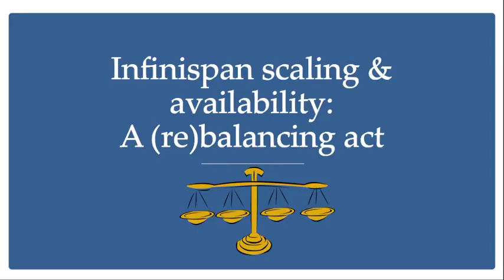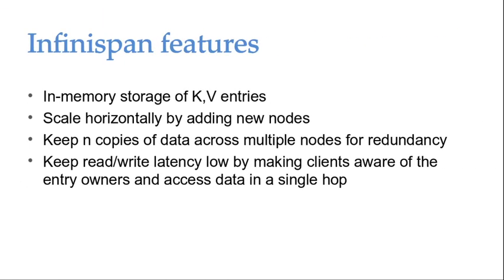The first aspect we'll look at is how Infinispan balances scaling and availability, as these two things go hand in hand. Infinispan is an in-memory key value store. It has other characteristics, but this is the one we'll focus on. It can scale horizontally by just adding new nodes.